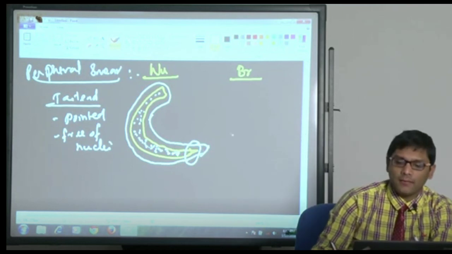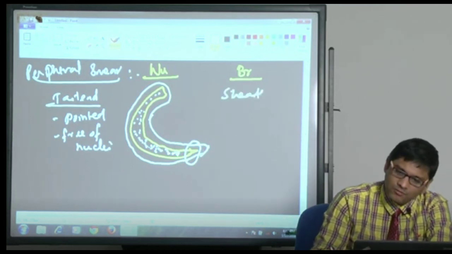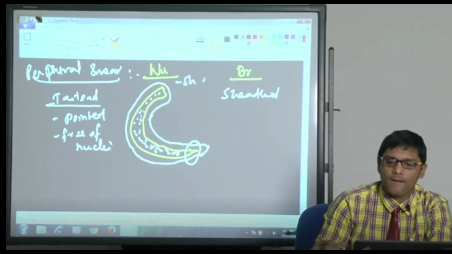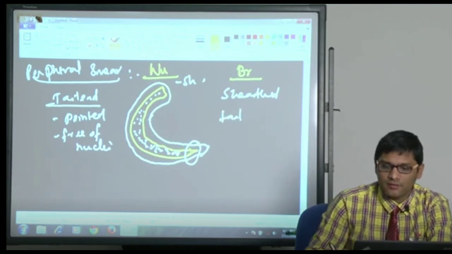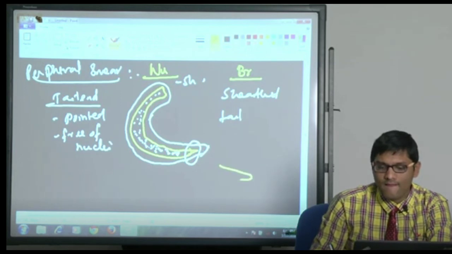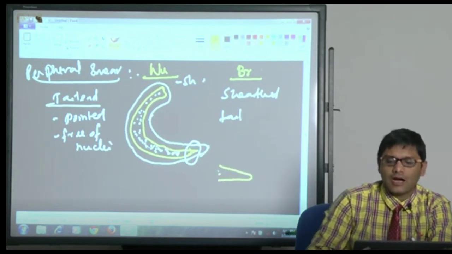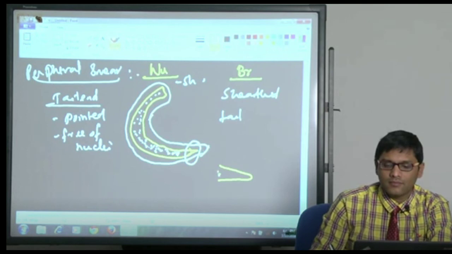Whereas Brugia malayi is also sheathed, both are sheathed, but the tail end is blunt. It will be like this: the tail end is blunt and the nuclei are extended till the tail tip.